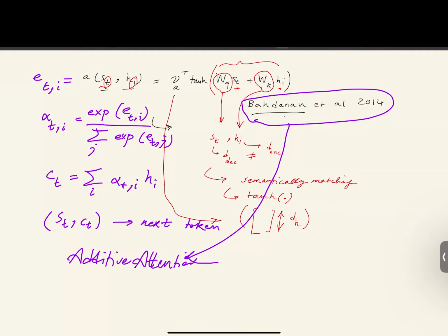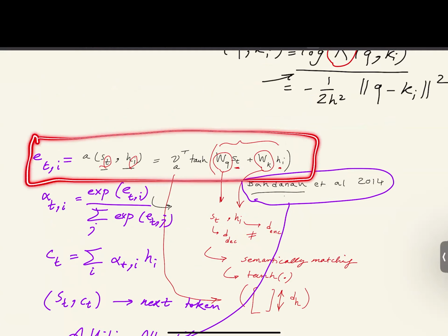So looking at this here, let's see what prevents us from scaling up and going to pure matrix multiplication. I'm going to rewrite this just for the sake of discussing the computation aspects. Let's assume we have T as the target length, or the number of tokens, for example, in the French translation, and N to be the source length.